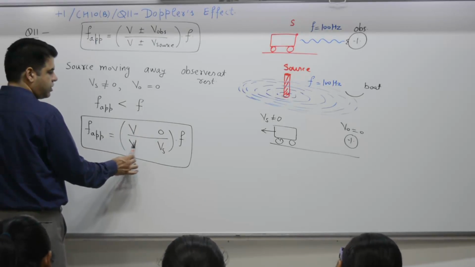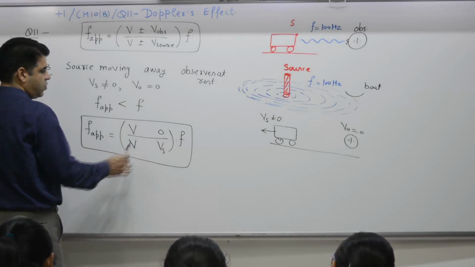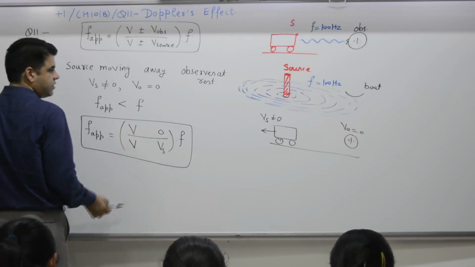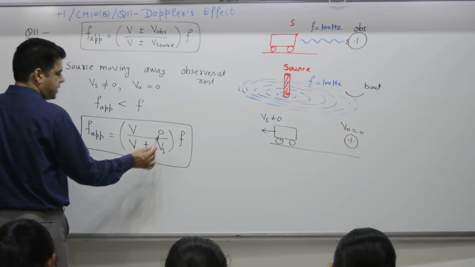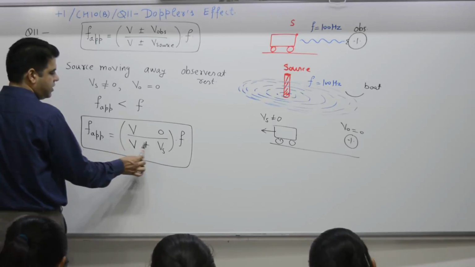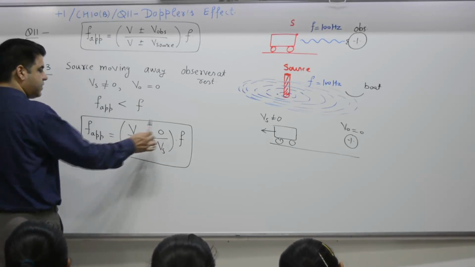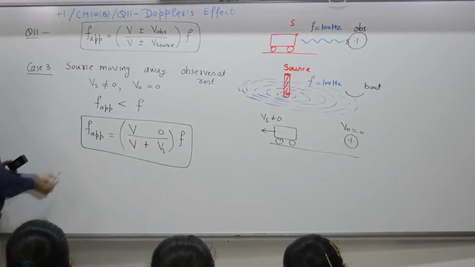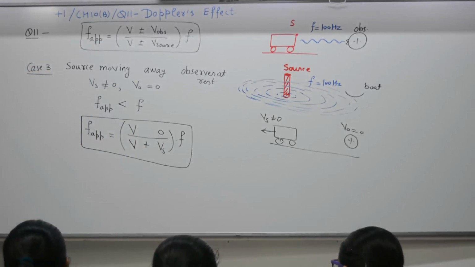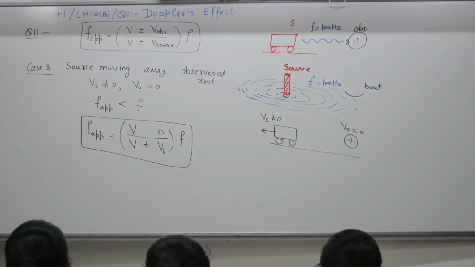Suppose this is 300, this is 30. So this is 300 plus 30, 330. 300 divided by 330. This factor is less than 1. So the sign is plus. This is your case number 3.